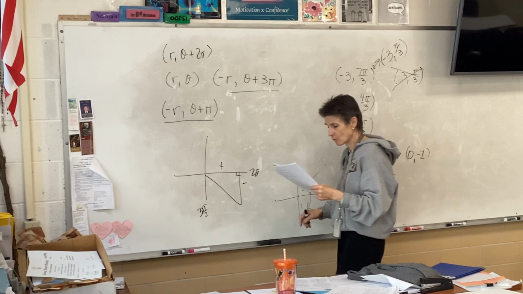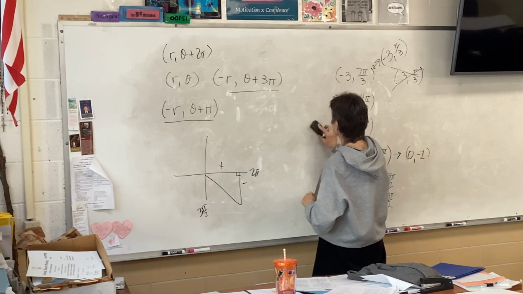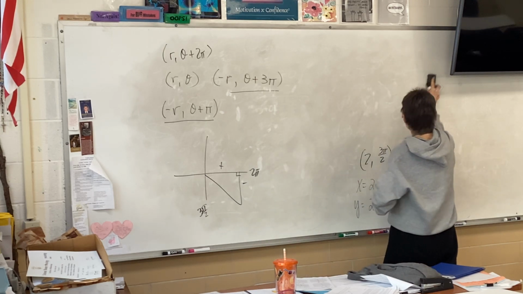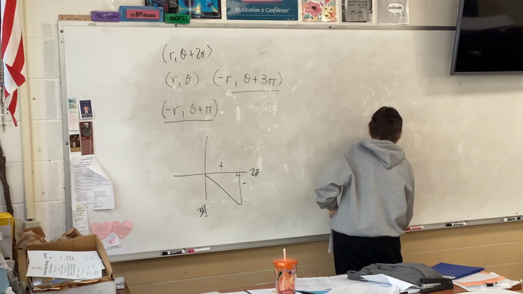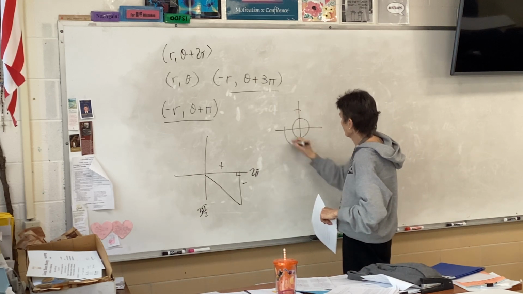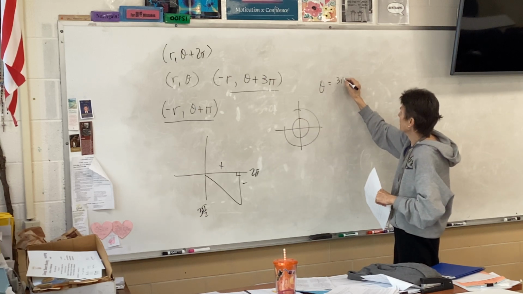The graph described by the equation θ = 3π/2. We haven't talked about that type of equation, but I think you can figure it out. Okay, I'm not going to draw a bunch of circles. It's a polar equation, and it's θ = 3π/2.